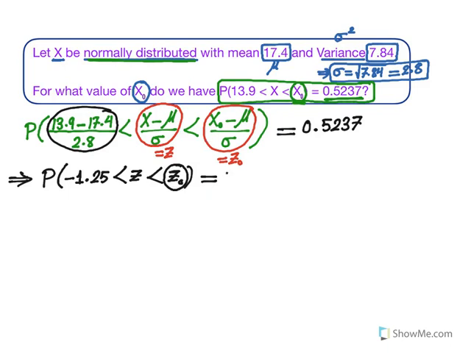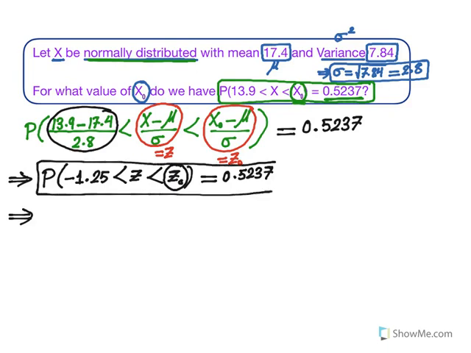So now this probability is given to be 0.5237. But you remember, the probability that a z-score is between two values is the same as the area between the two z-scores. So if you watch the previous parts, you know that to compute this probability, I take the probability that z is less than the bigger value, in this case z0, minus the probability of z less than the smaller value, which in this case is negative 1.25.